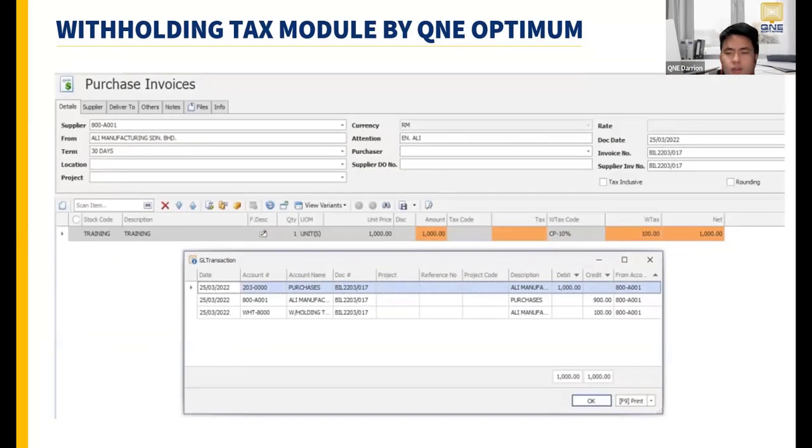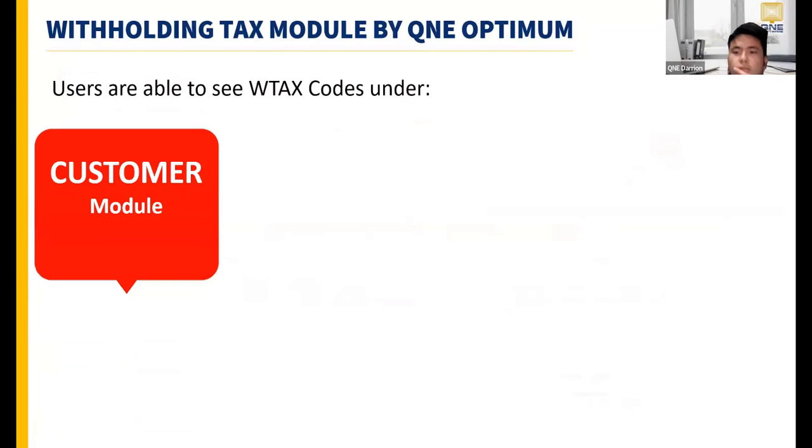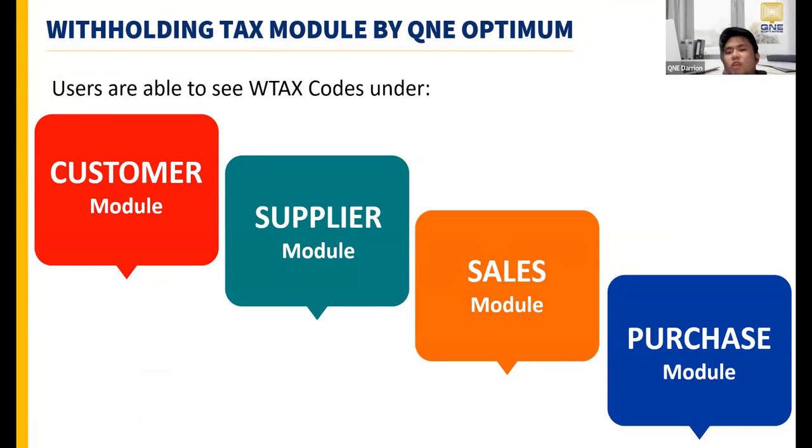All you have to do is select the withholding tax codes which are relevant for your business, and bam, there you go. It is factored in the purchase invoice and reflected in the general ledger section. So with this module, users will be able to see withholding tax codes under the following 4 modules, which are the customer module, supplier module, sales module, and purchase module.